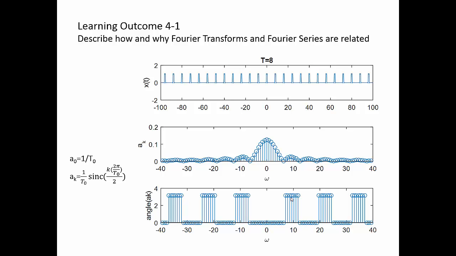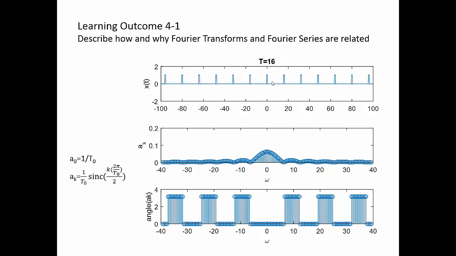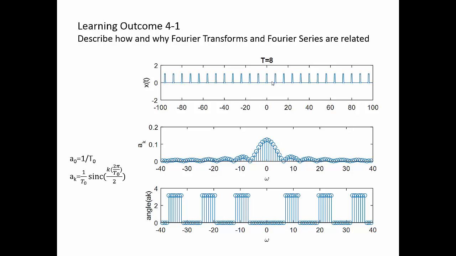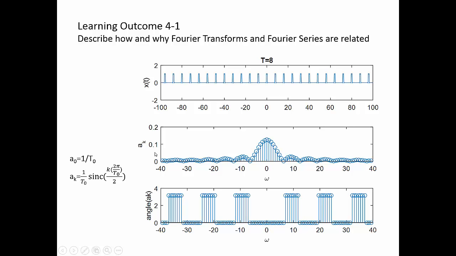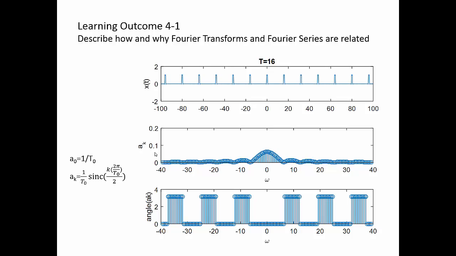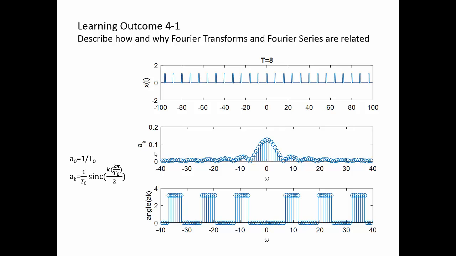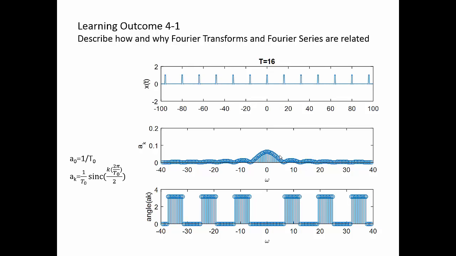Now what happens if we increase our period of 8 up to 16? Think about what your time signal is going to look like. And you can flip back in the video. The spacing between our pulses just got bigger. And what's happening to the amplitude of our A sub k? It got smaller. What else do you notice? Going between your A sub k when T is 8 and your A sub k when T is 16.